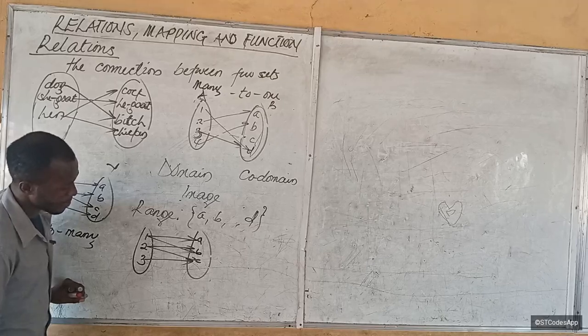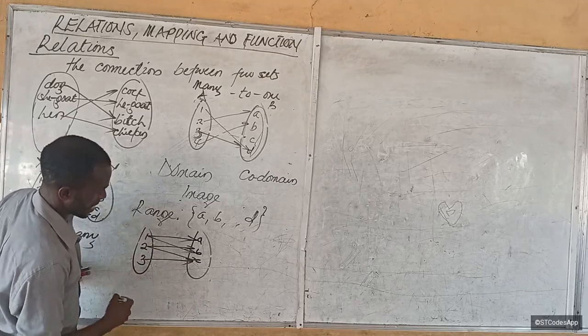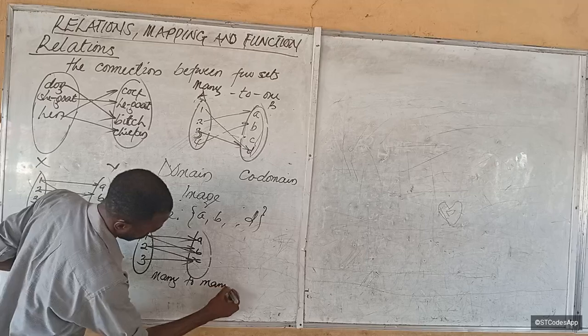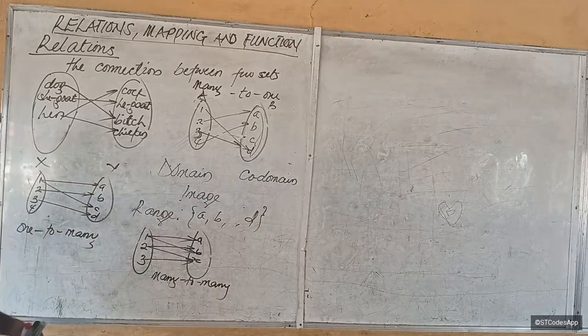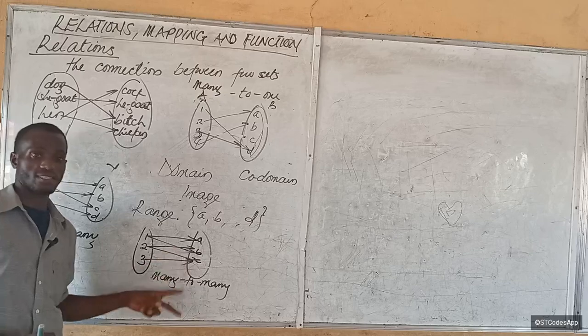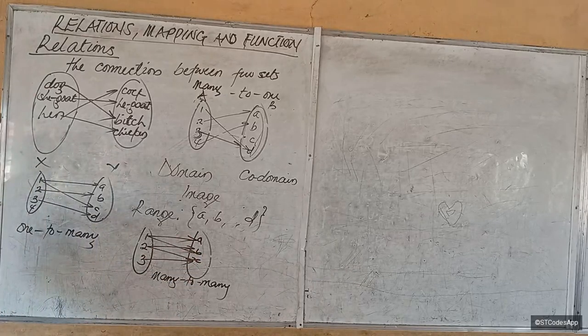This will be many to many, yes. Does this make sense? Is it clear to us? Why is it many to many? Because more than one value here has two values that are mapped to it. Is that clear? Okay.